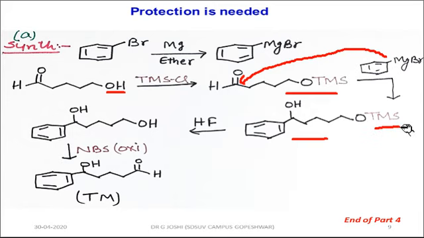We know that a silylating protecting agent can be easily deprotected by using fluoride reagents. So that will easily give us the corresponding dihydroxy compound. When we use NBS, which will selectively oxidize the primary alcohol, we can achieve the target molecule.